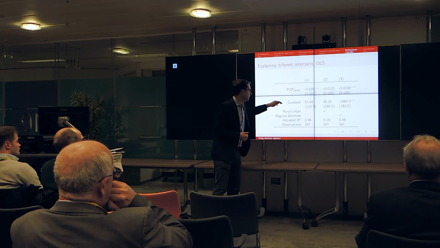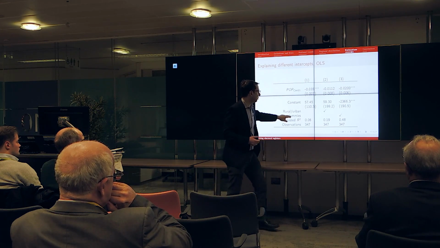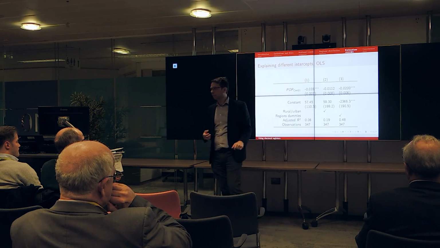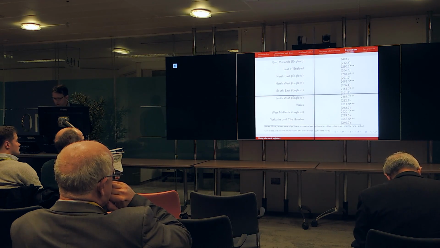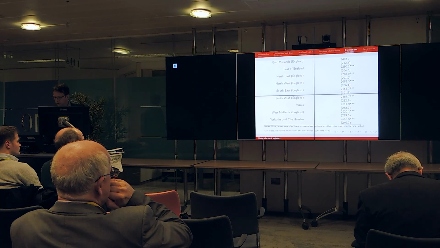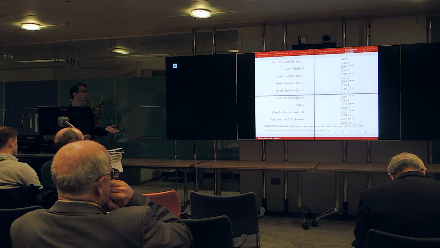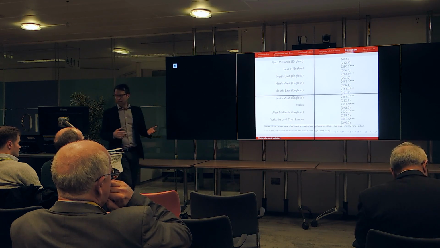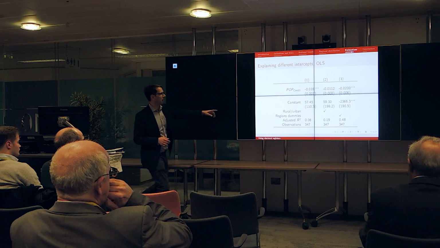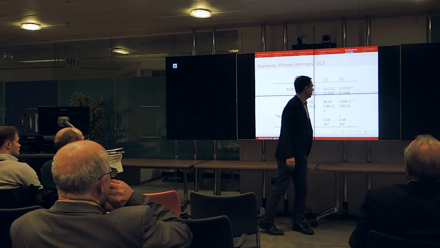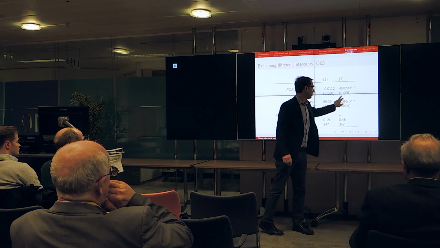And then we put a constant, but what we do as well is that we put region dummies. We see that the reference point is London, and the coefficient for London is the one that the constant is going to capture.